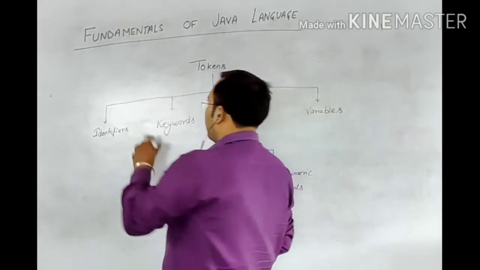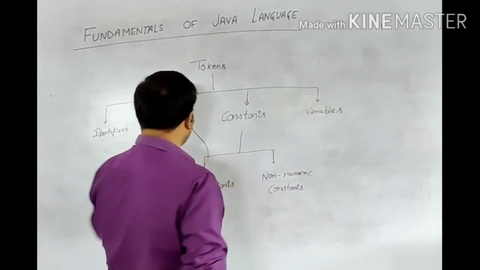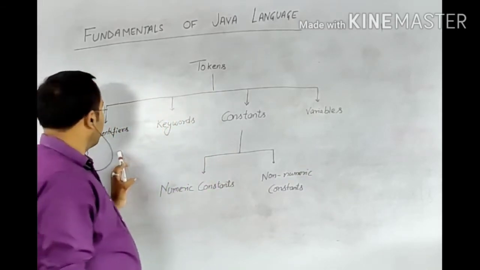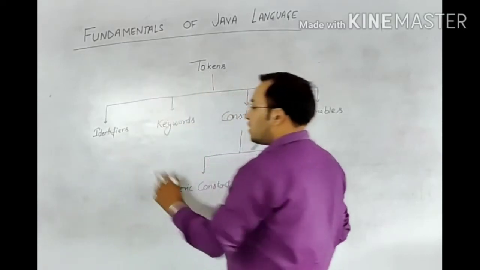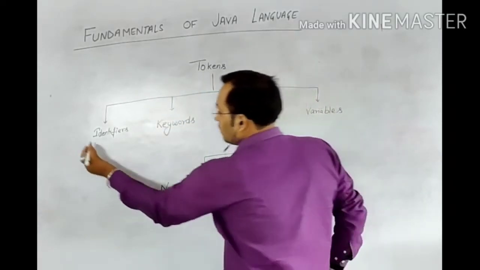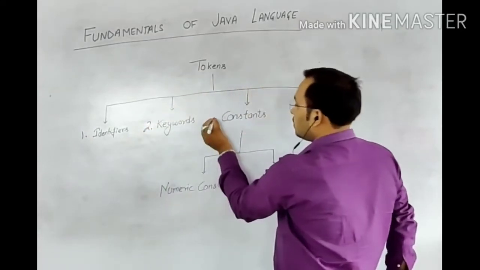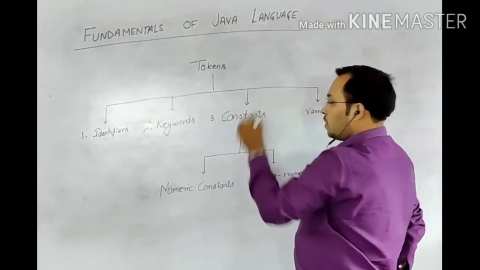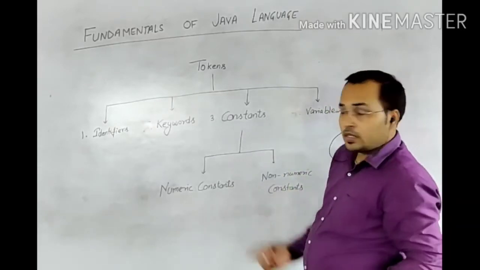In tokens there are four important parts. The first one is identifier. Second, keywords. Third, constants. And fourth, variables.